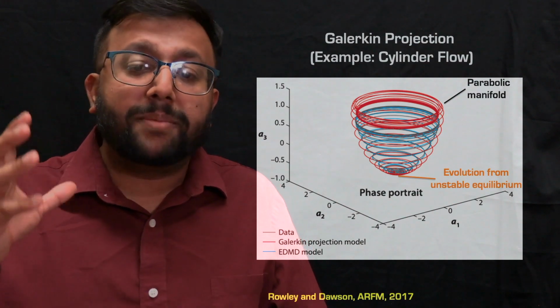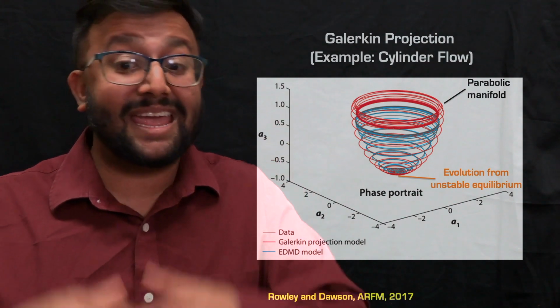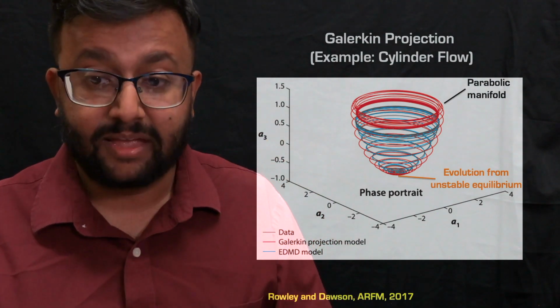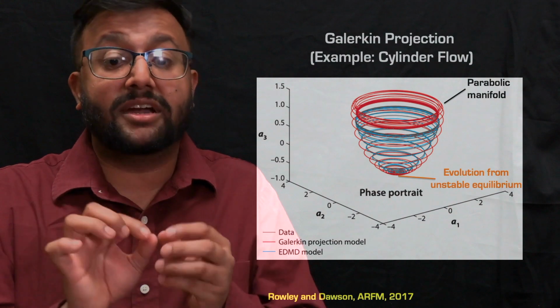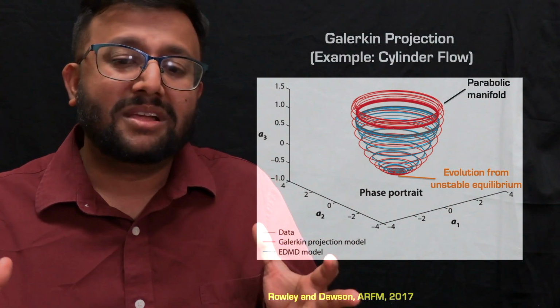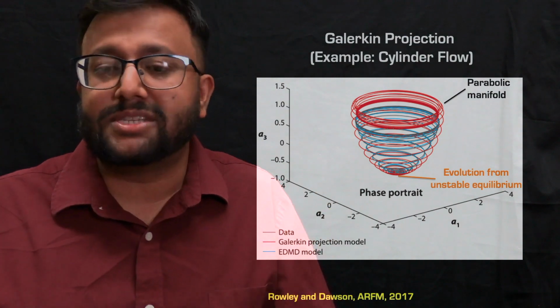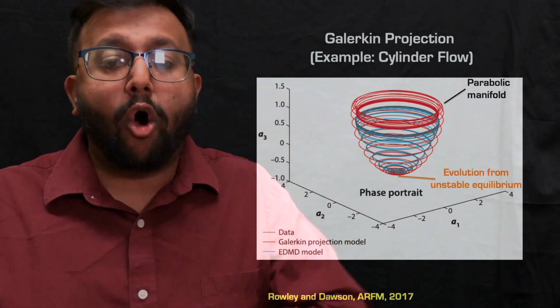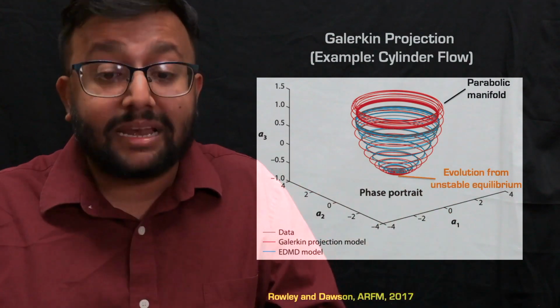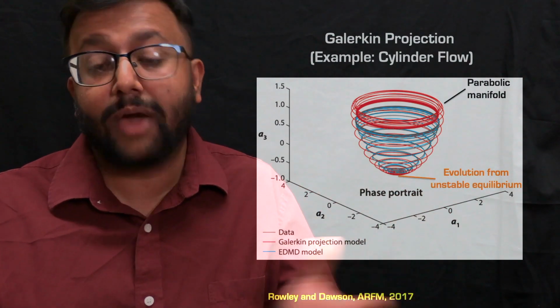If the POD modes themselves are insufficient to reproduce the true dynamics of the system that start from the initial condition outside the limit cycle, the Galerkin model struggles because it lacks the information of the other modes that might be energetically or dynamically important for such a transition to happen.